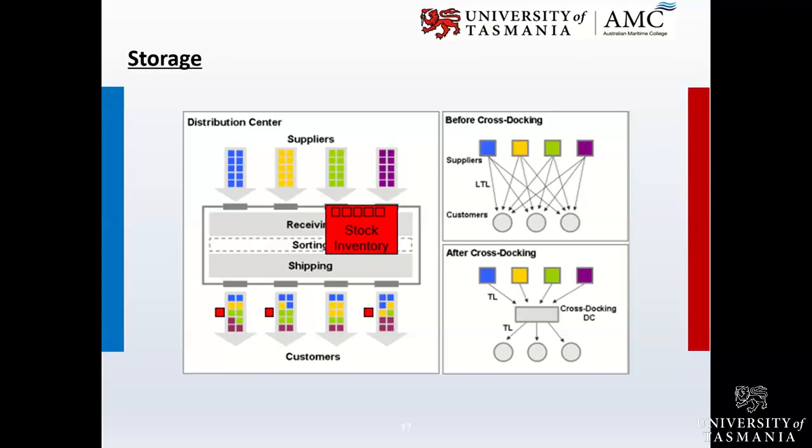It is regular product. Here, look at the red box. It shows the inventory in the mixing warehouse. It will be added to the shipments from suppliers according to customers' requests.